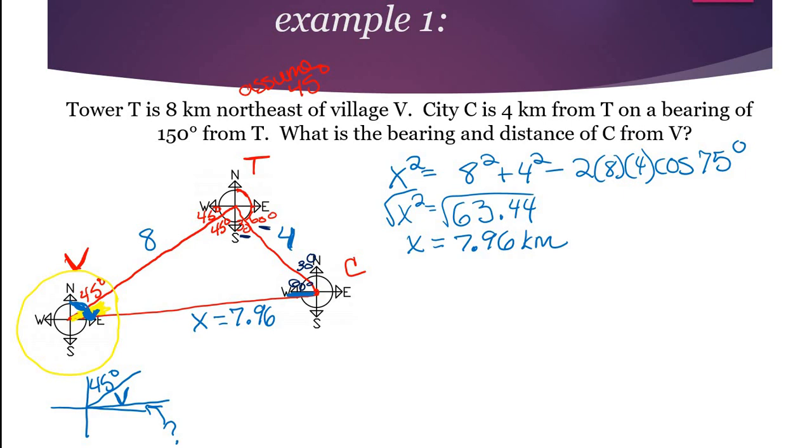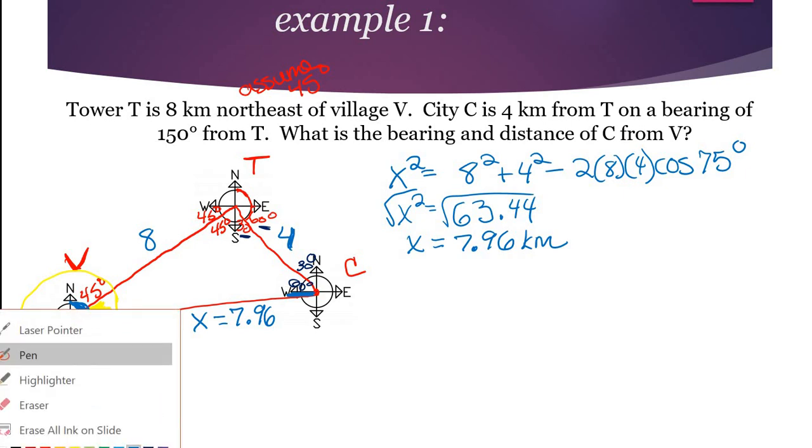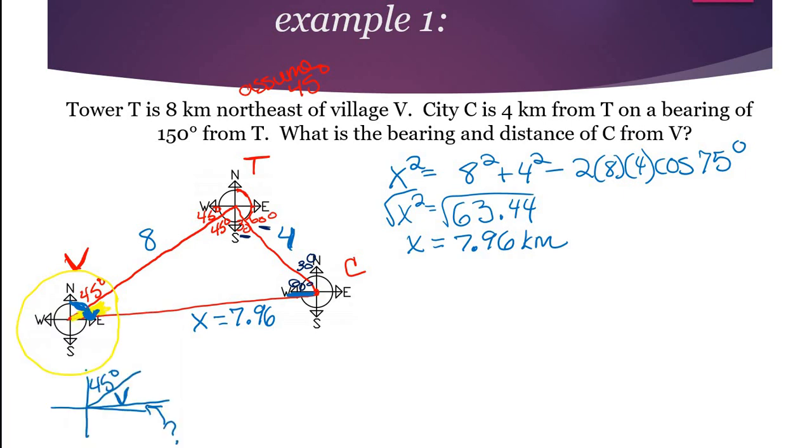Okay, the last step of the question is we want the bearing of C from V. So to do that, let me use the zoom in picture. That's from north to the line that goes from V to C. So it's the 45 degrees plus whatever that angle V is.